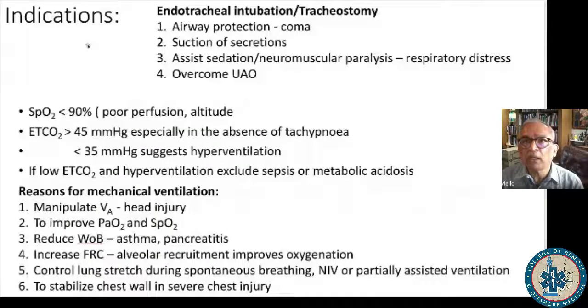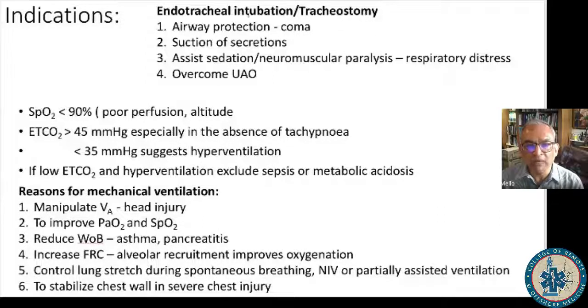Now, in order to mechanically ventilate the patient, you need to intubate the patient, either through an endotracheal tube through the nose or through the mouth. Or in patients that are going to be long-term ventilated, you need to think about a tracheostomy.